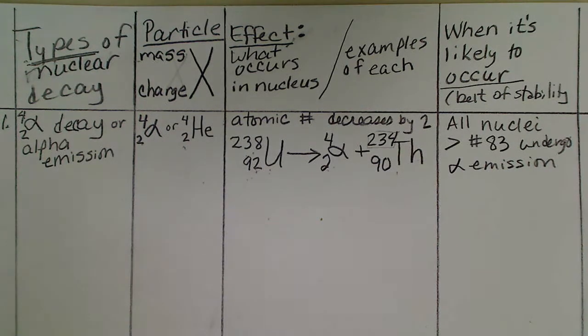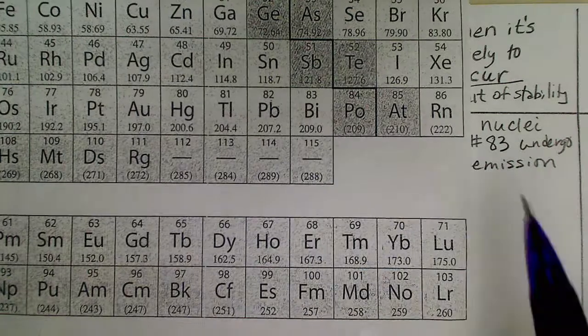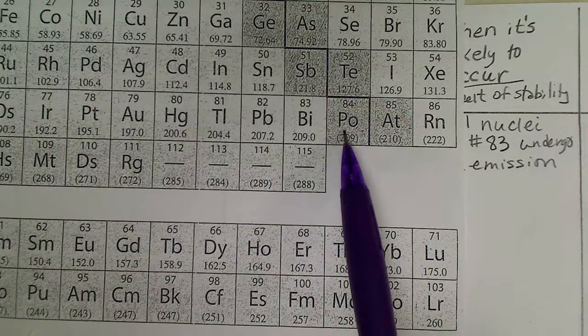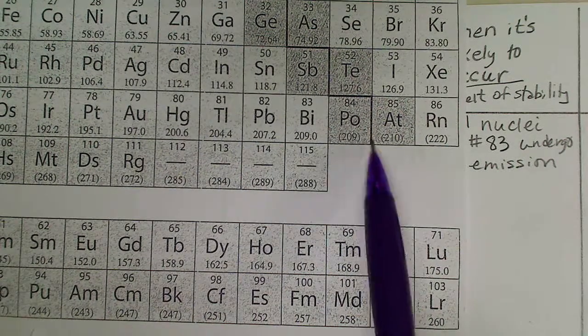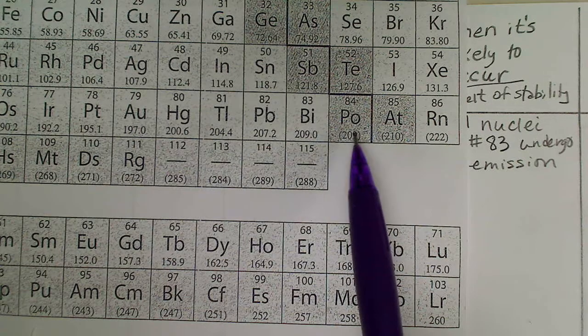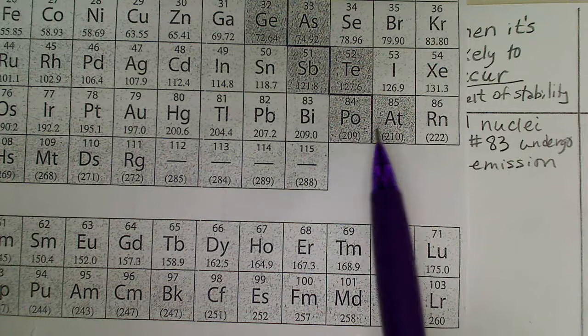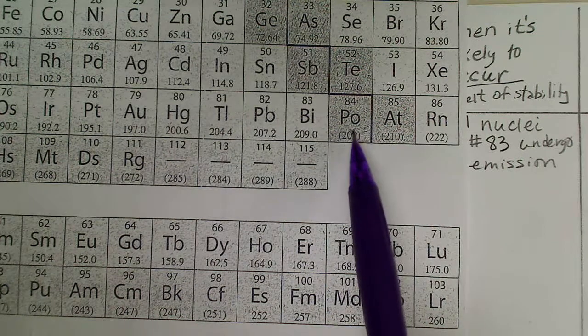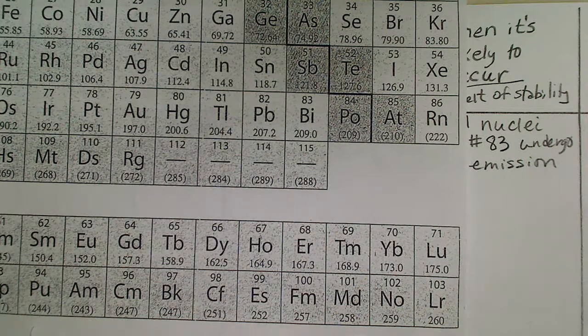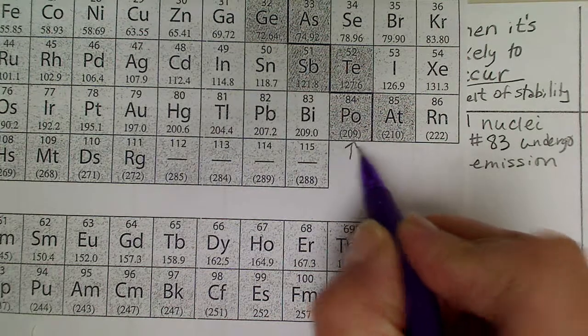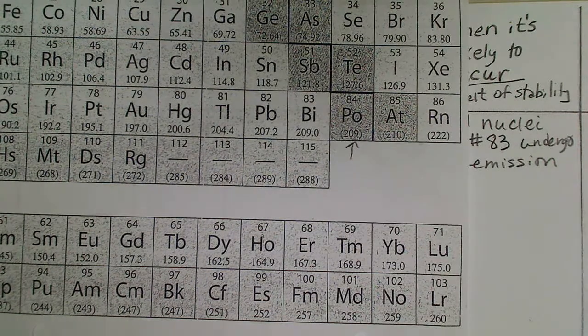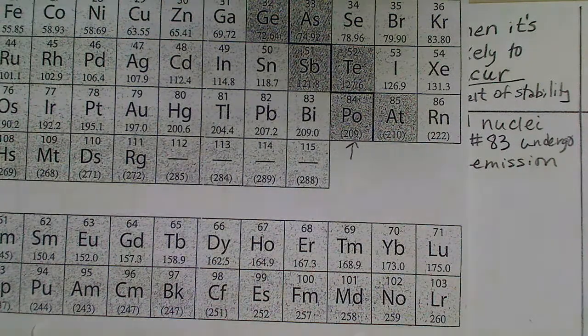So everything past bismuth is going to decay by alpha emission, or I remember it because polonium is Madame Curie's country, Poland, so that was named after her. So polonium and beyond, all of those isotopes would undergo alpha decay.